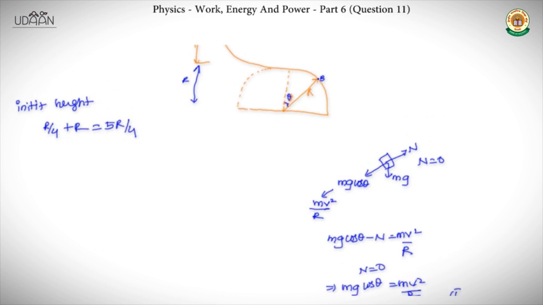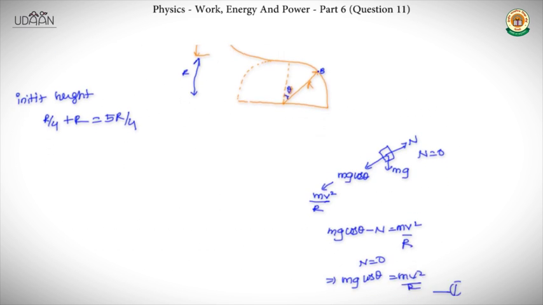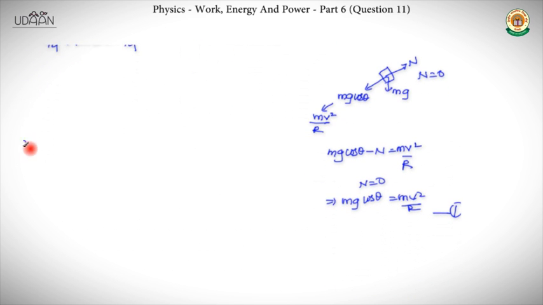So now consider the energies of the person at position A and B. At position A, he is initially having a velocity 0, so the initial kinetic energy will be equal to 0, and the potential energy, as he is at a height 5r by 4, initial potential energy will be equal to mg into 5r by 4.